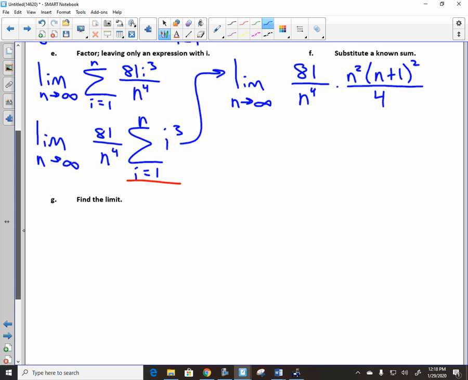Yeah. And you can sometimes take some shortcuts. Like, would you like to cross off the n squareds? So I would have the limit as n goes to infinity of, if I multiply, what's n plus 1 times n plus 1?